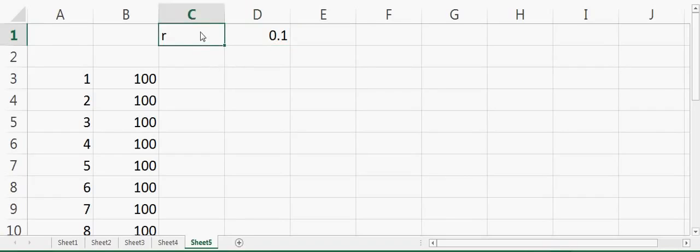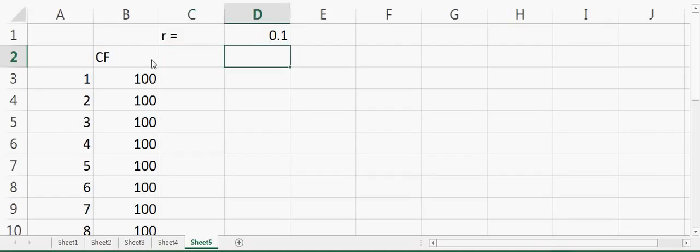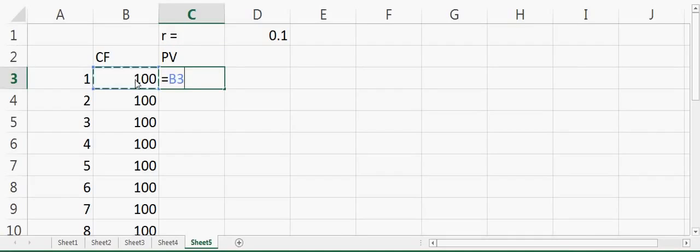So what I'll do is calculate the present value of each dollar amount. This was the cash flow, and then we have a present value. The present value will be equal to 100 divided by 1 plus R. I'll put a dollar sign here so that if I drag this cell down, it will not change the R. And then I take the power with the year of the payment.